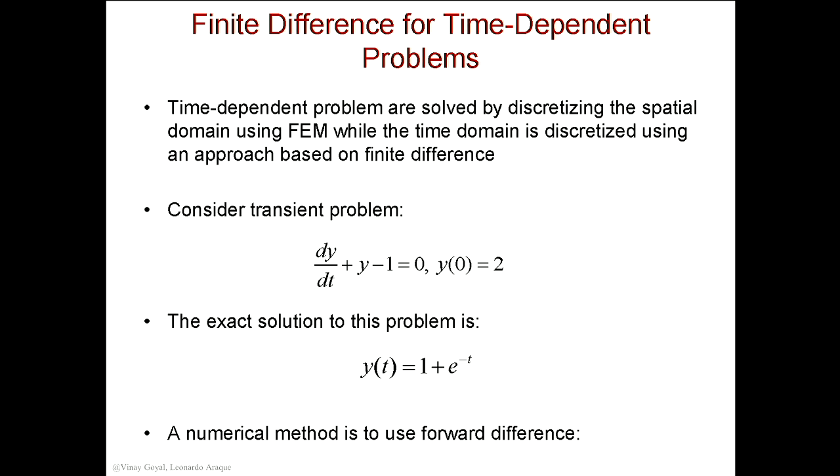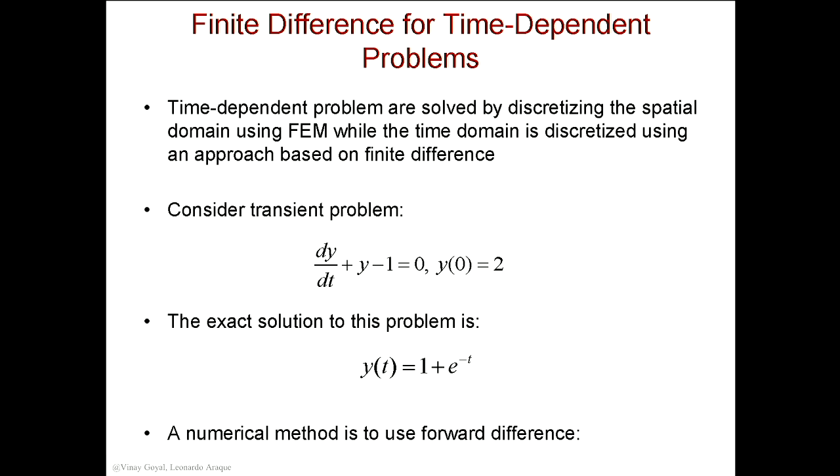So be careful. This is not dy/dx. This is dy/dt, where t is time basically. Okay, and when I say y at 0, this is t equals 0, the initial condition. At the initial state, y has a value of 2.